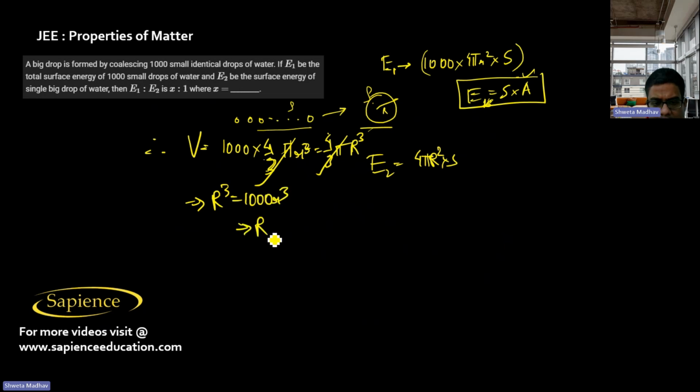So therefore capital R will be equal to 10 r. So the radius of the big drop is 10 times the radius of each small droplet.